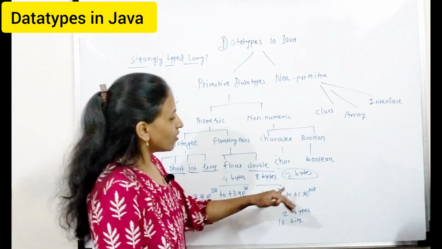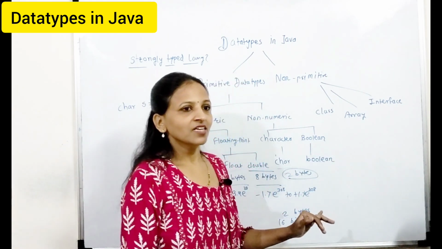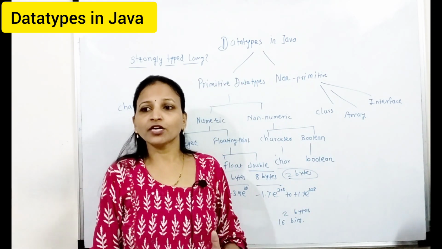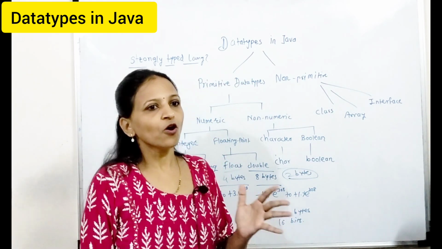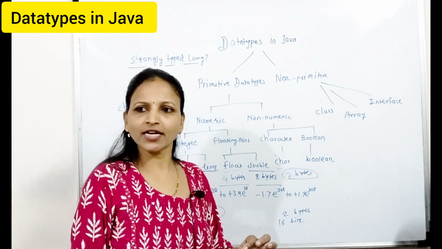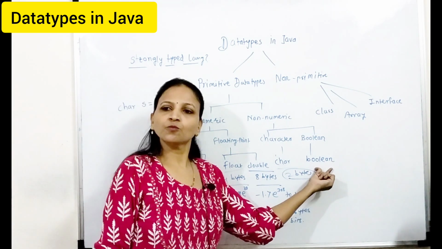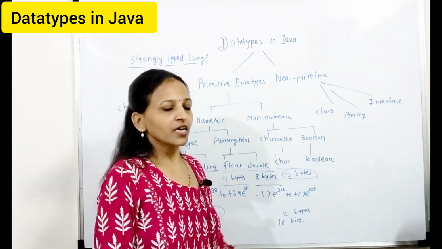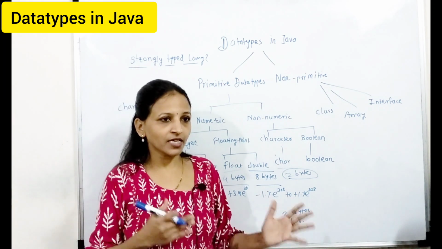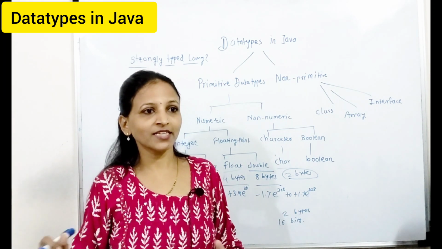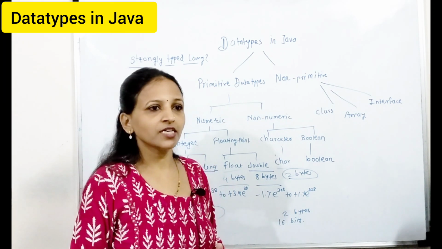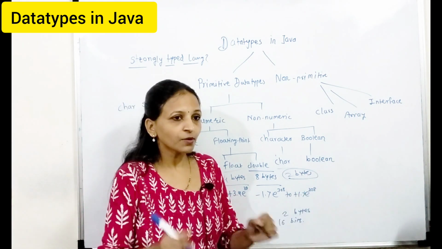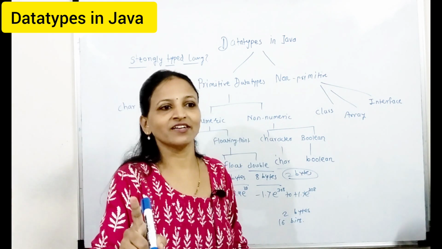That's it. Now next, boolean. If you want to store a value like true or false, then you can declare that type of variable as a boolean variable. In the case of control structures like if and while, we have seen there is a condition, and the data type of that expression should always be boolean.